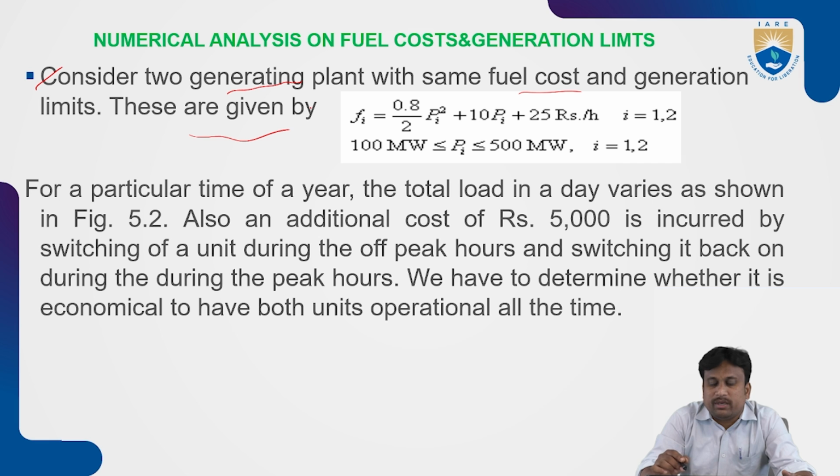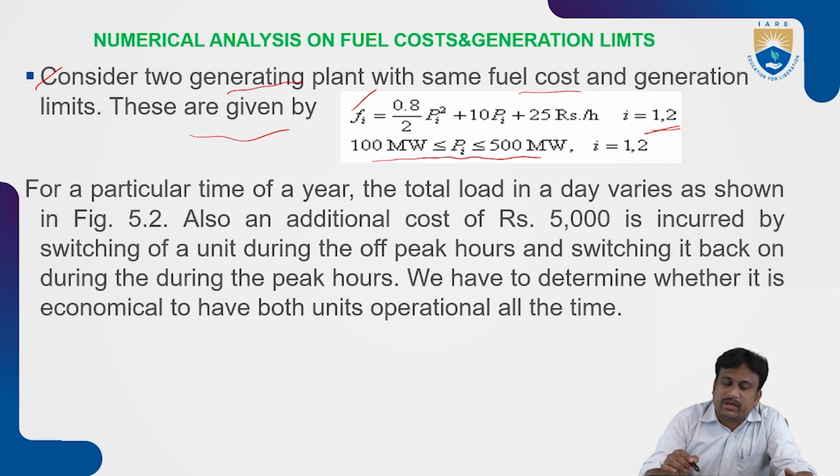They are given by Fi equals 0.8 by 2 Pi square plus 10 Pi plus 25 rupees per hour, where i equals 1, 2. Their power rating is in the range of 100 megawatts less than or equal to Pi less than or equal to 500 megawatts, where i equals 1, 2.